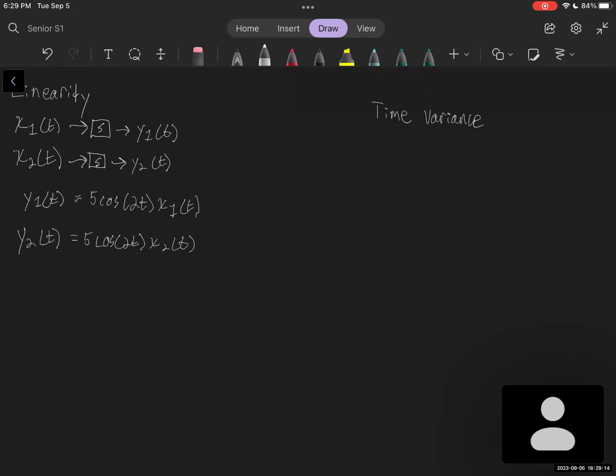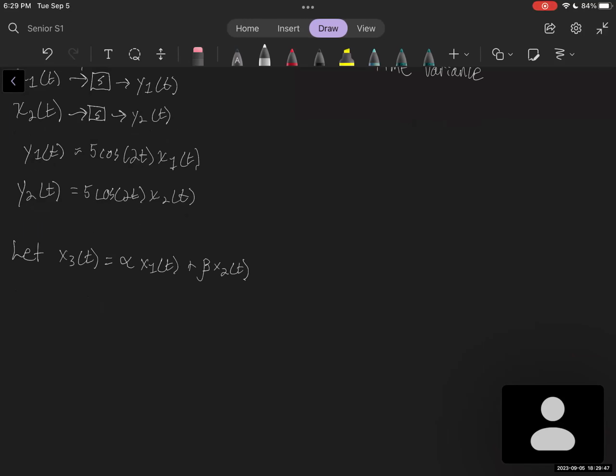Now, if we define a third input function, x3 of t, as a scaled and added version of our two inputs, using the scalars alpha and beta, so alpha x1 of t plus beta x2 of t is equal to x3 of t.